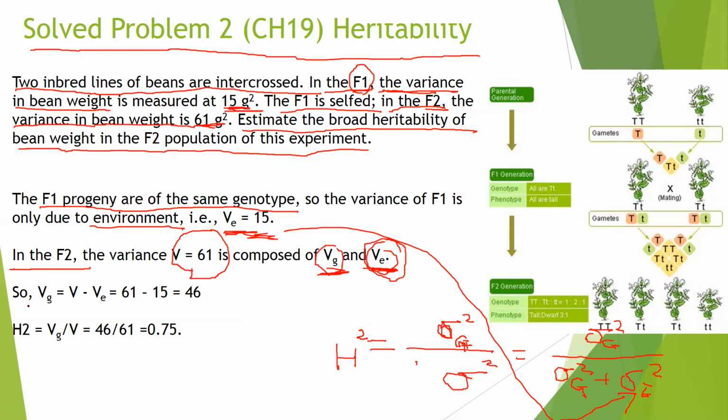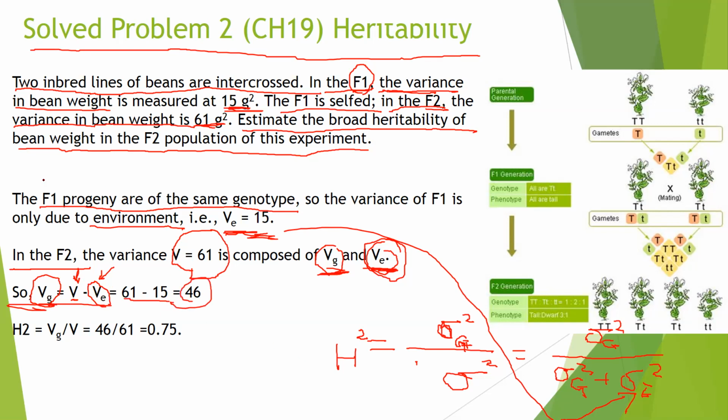We have an equation like this: VG plus VE equals V total. If we already know V total and VE, it's easy for us to get the number for VG. VG equals 61 minus 15, which is 46.